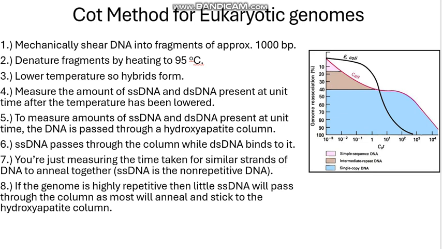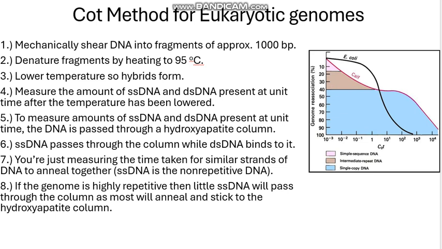All we're doing is measuring the time taken for similar strands of DNA to anneal together. So since in step 2 we denatured the fragments, so we broke the hydrogen bonds between the double-stranded DNA of the genome, we would expect everything to be single-stranded, and then when we lower the temperature again, the single-stranded DNA that we've cut up is going to look for the DNA that it's complementary to and anneal to it.